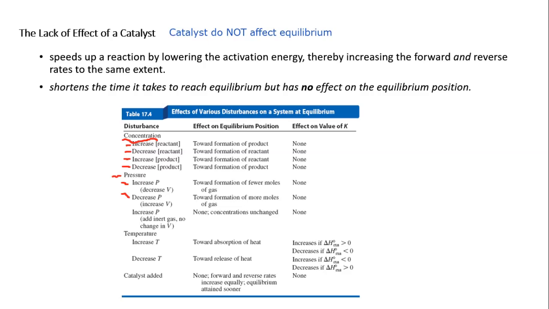Now if we increase the pressure by adding an inert gas and there's no change in the volume, then equilibrium remains unchanged. However, if we do add an inert gas and there is a change in volume, then equilibrium will shift.